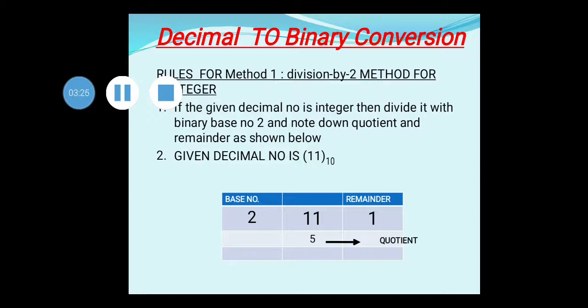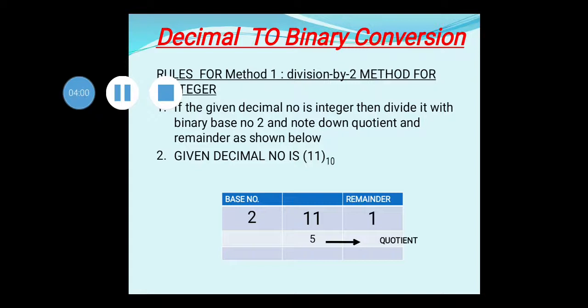So now I have taken one example here. The given decimal number I have shown here is 11. It is just an integer. There is no fractional part. So for that 11, we have to follow the rule, that is divide by 2. So check out, the decimal number 11 is taken at the center, and on the left side there is the base number 2. We are going to go on dividing that number 11 by 2, and on the right side there is a column for the remainder, and you have to note down the remainder there.